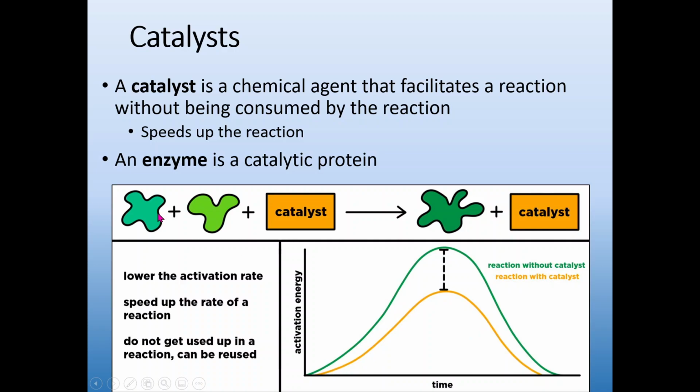On its own, going from these two to this one takes a lot of energy. If we add the catalyst, less energy is required to do that job. So it just helps it happen easier. And as you notice with this equation up here, not only do we get the product we want, but that catalyst is not used. So the catalyst remains and can be used again to facilitate that reaction over again.